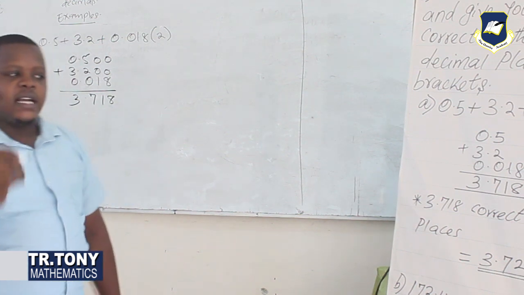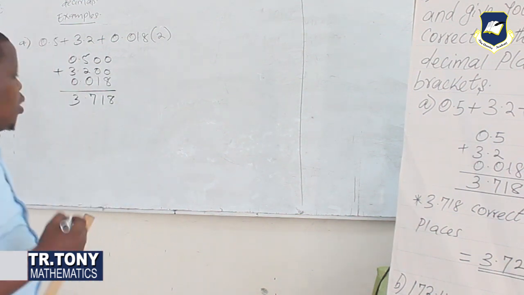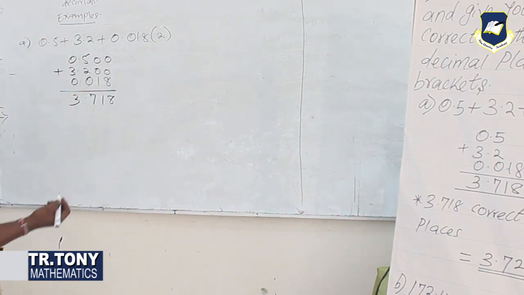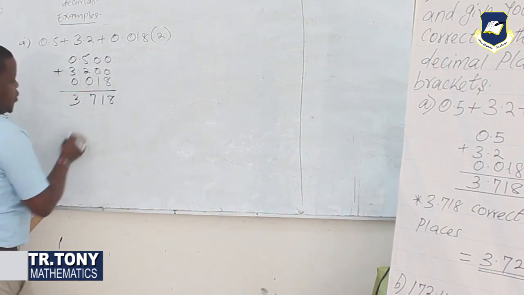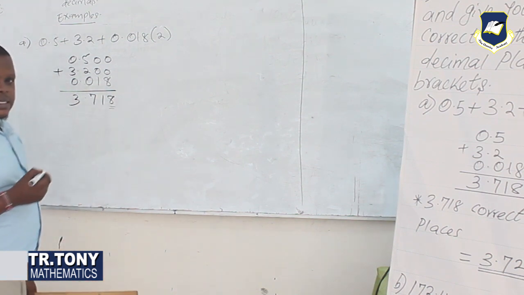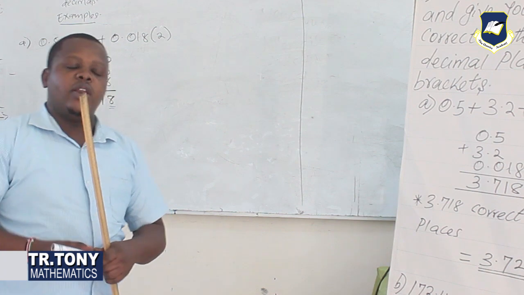Now, we are told to write correct to 2 decimal places. You have learned about rounding off. So we are rounding off to 2 decimal places. We consider the third decimal place. Remember what you are told when you want to round off.